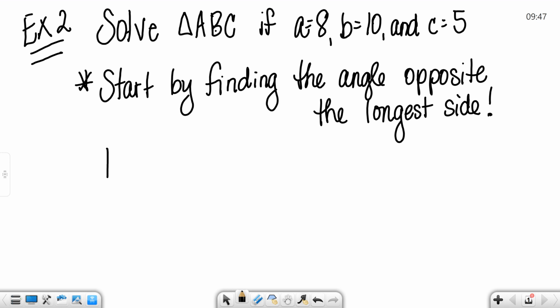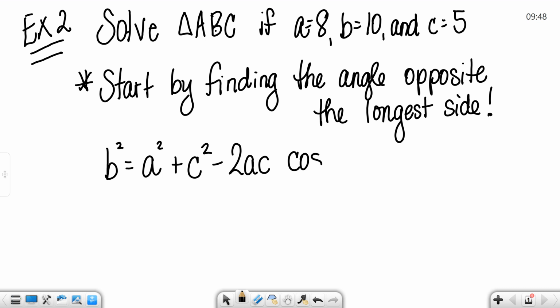All right. Well, if I want to find angle B, then I'm going to use this cosine formula. So I'll write it down, because that's the one that has cosine B in the formula, angle B. All right, so I know my three sides. Go ahead and plug them in where they belong.